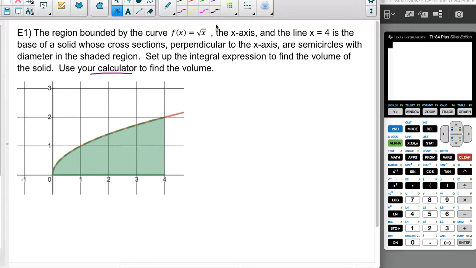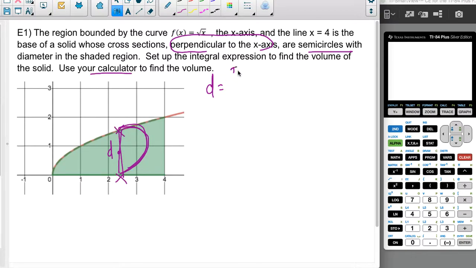volume. So this is our region, right? The cross sections perpendicular to the x-axis are semicircular plates, such that the diameter is in the shaded region, meaning we're looking at a semicircle plate that comes up like this out of the screen, right? So it's coming towards you out of the screen. This is my diameter. So what that means is that the diameter of this semicircle is top minus bottom.